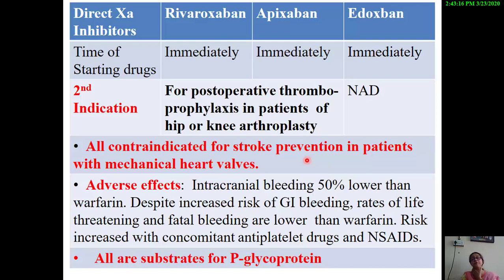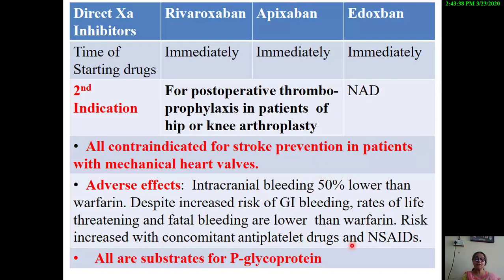And also, if these four compounds are given in combination with other antiplatelet drugs like aspirin, clopidogrel, or glycoprotein 2B3A inhibitors, non-steroidal anti-inflammatory drugs, and that is aspirin, there could be a higher incidence of bleeding.